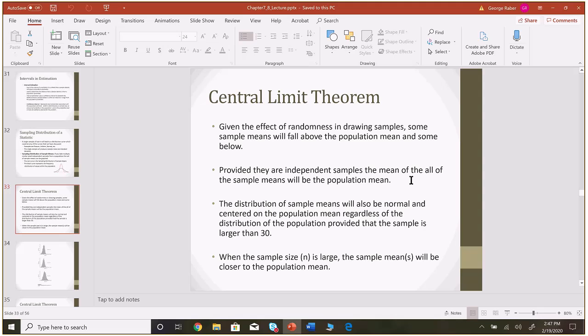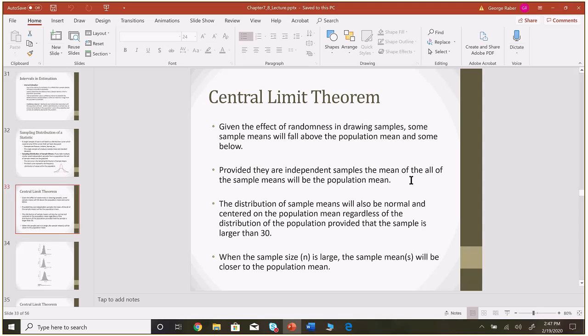Another way to say that is the average sampling mean is the same as the population mean. If you take an individual sample, which is what we usually do, we usually only have one sample, and it may be different than the mean.